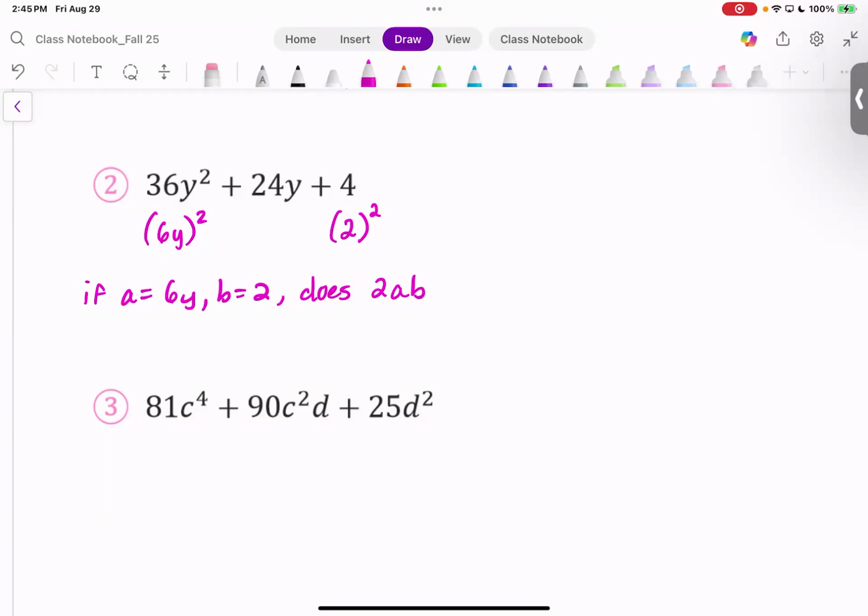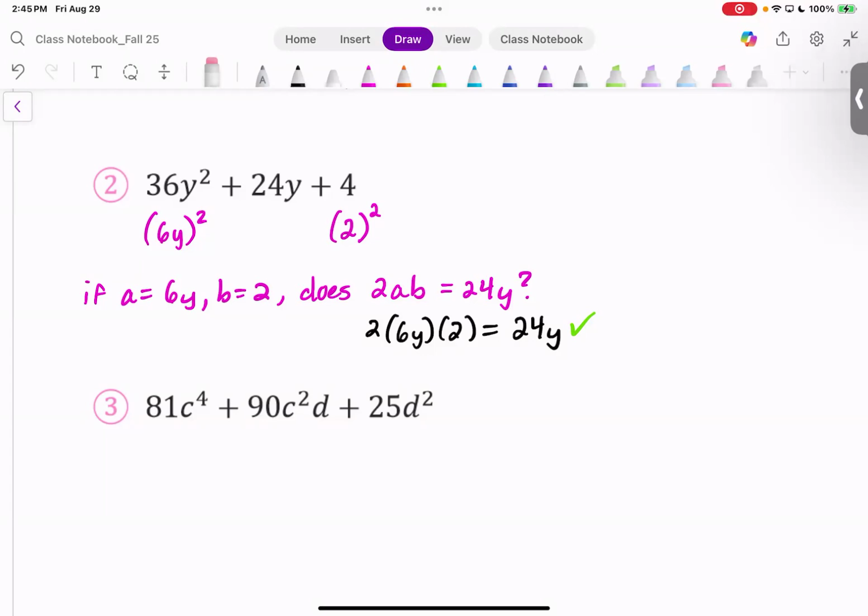I want to know, does 2ab equal my middle term? Two times 6 is 12, times y is 12y, times 2 is 24y. So yay, we have a perfect square.